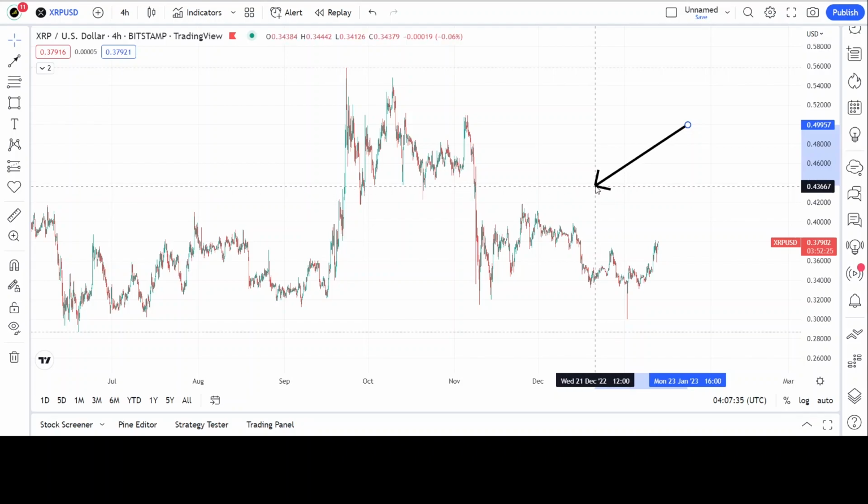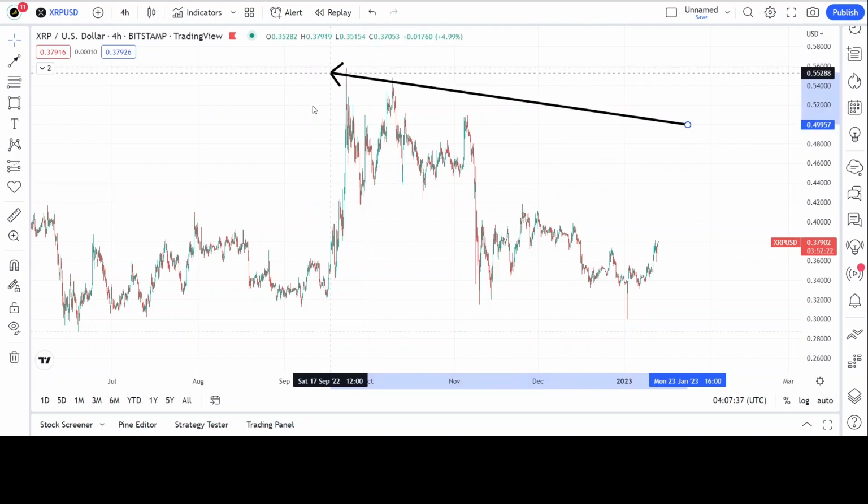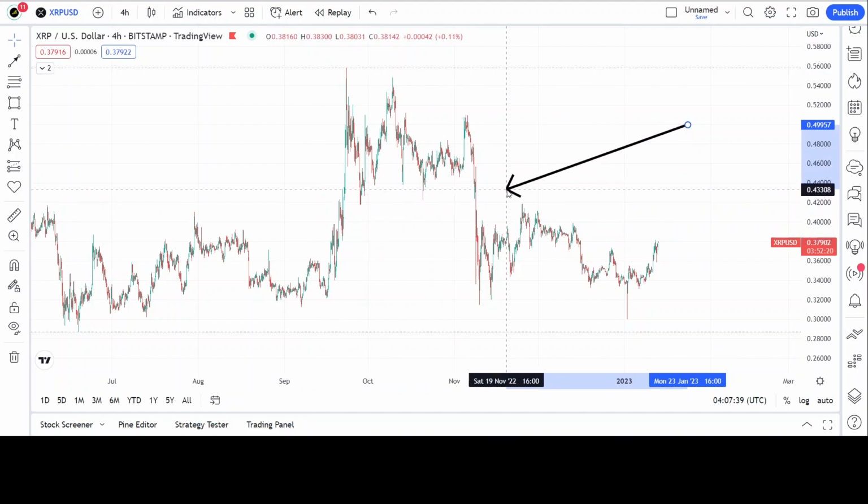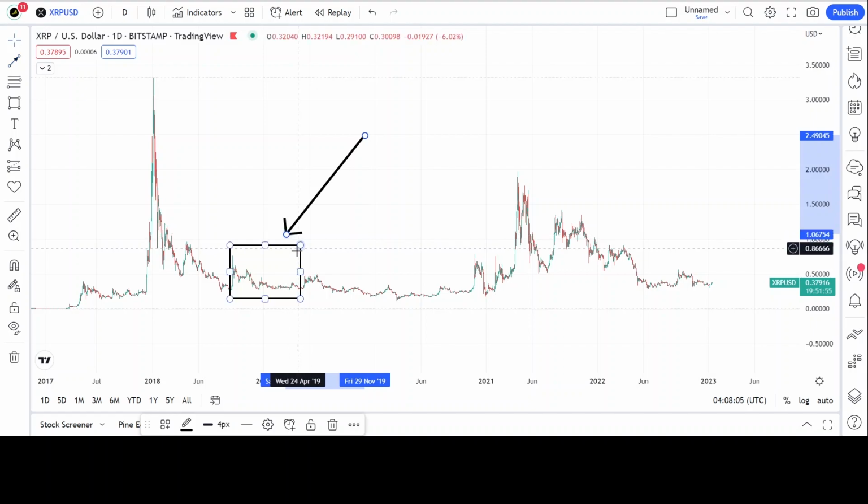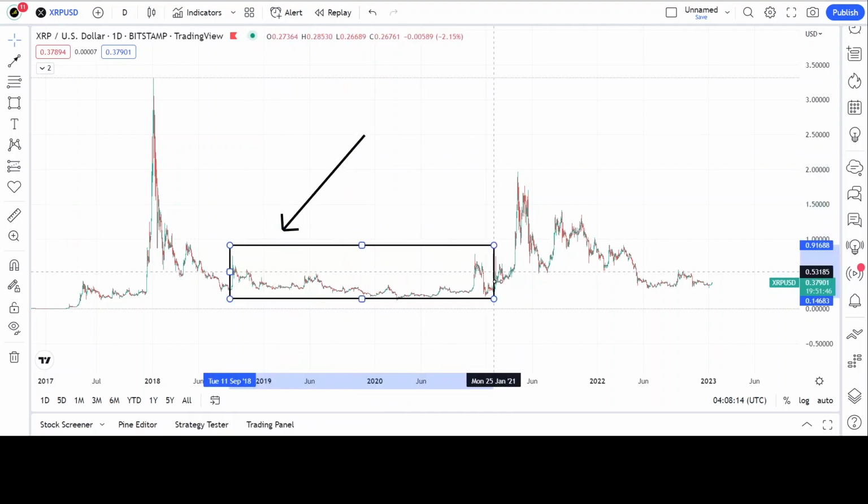And for anyone new to this channel, this structure that I'm going to compare it to is taken from over here. Now, what is this? So this is the first fractal of three fractals. Those three fractals stretch all the way to here.